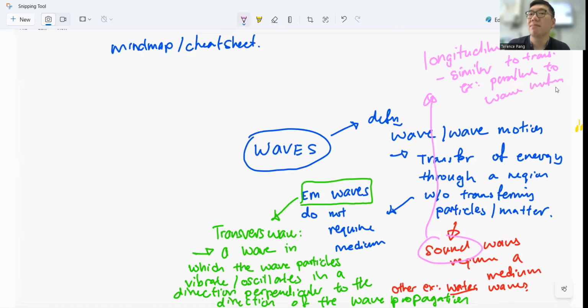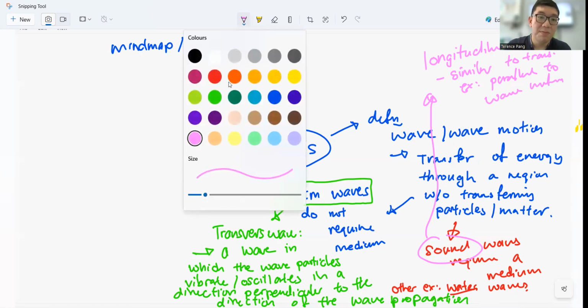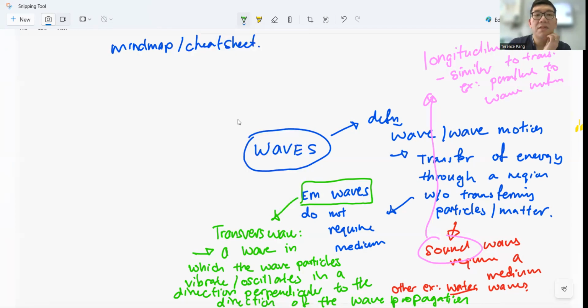Okay, what's next? What do we know about waves? Any other thing? Compression. Okay, compression, since you mentioned that. Compression and rarefaction, what are they related to? Sound waves.